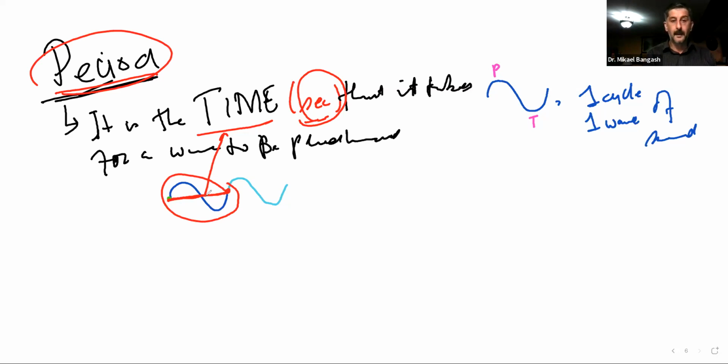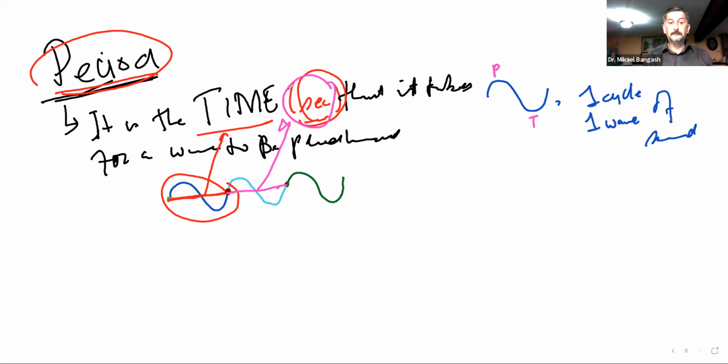The same may apply for this one here: from the beginning of this wave to the end of this wave, or to the beginning of another wave. When we measure from here to here in terms of time, how much time did it take? That will become the period of this wave.